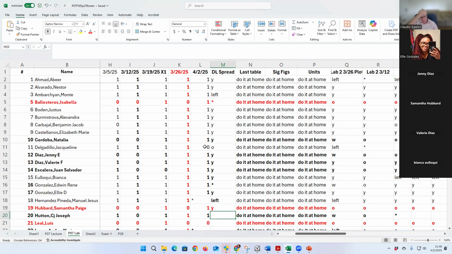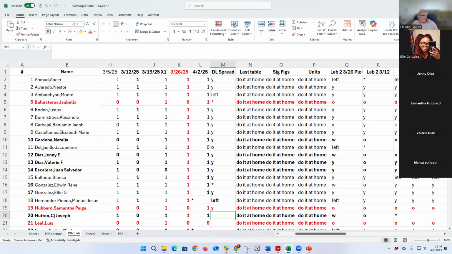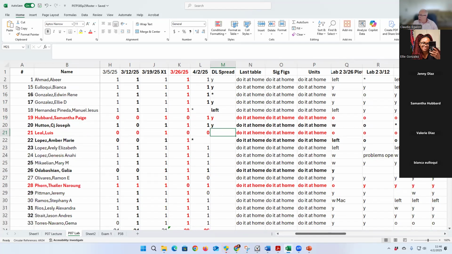Can you open it too? Yes. Okay, good. Next, CJ. CJ got your spreadsheet, right? Okay, thank you. Luis Leal is not here. Amber Lopez, did you get your spreadsheet?